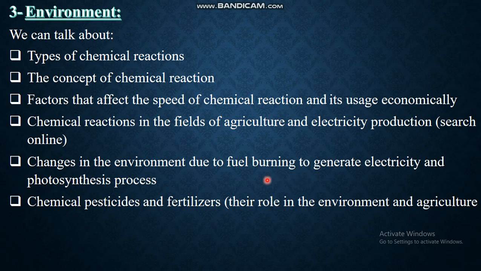This makes the world better. Here, chemical pesticides and fertilizers have a role in environment and agriculture. We can search the internet if the information is not enough in the school book, and this is a point to know what we can write in our research.